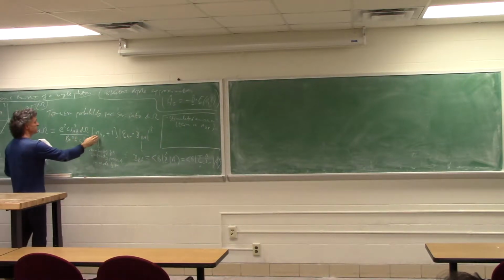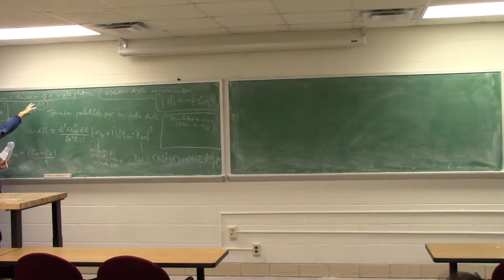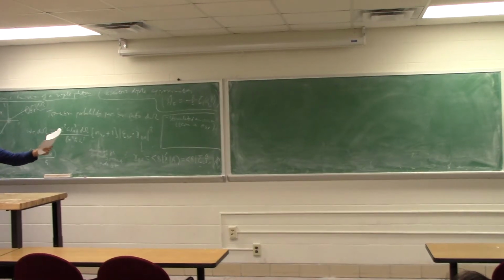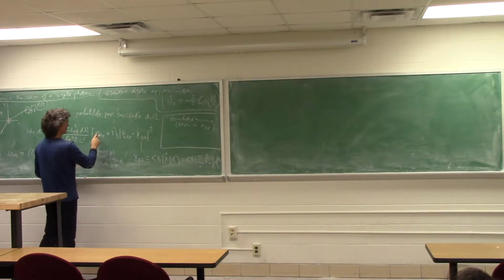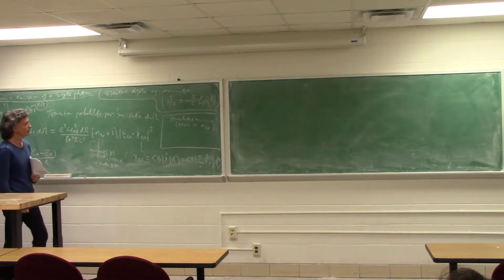The probability of the emission is increased if there are already photons in that mode. So if the atom is excited and there are already photons present in the n_kR mode, the transition probability per second to emit a photon in that mode is bigger. It's proportional to n plus 1, but anyway, it is bigger.